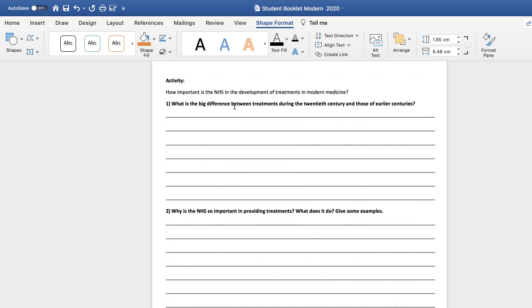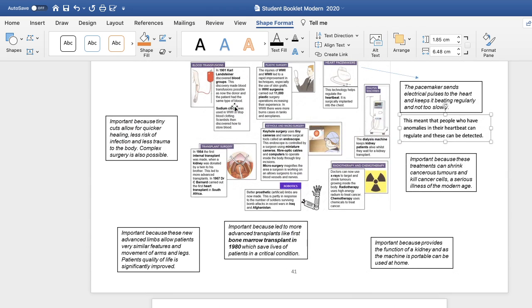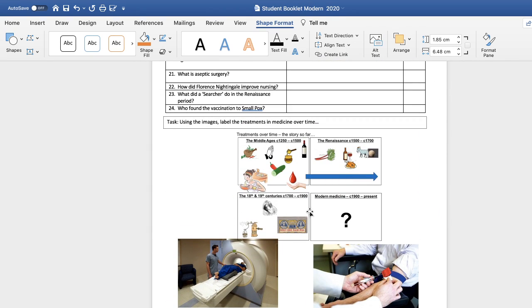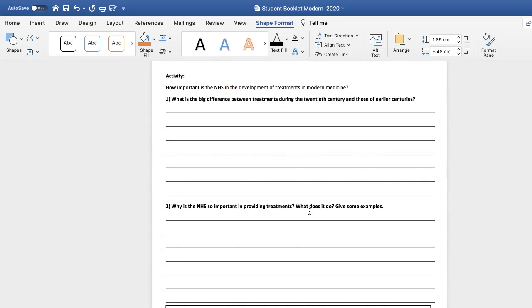And that is the big difference. And when you recognize that, you need to be able to give the specific examples to show what the difference is. Use the starter task to help you out to do that. You may recognize other things, maybe government intervention. You may recognize in terms of funding, things are different, the availability of things. And that's what you need to do for that first question.